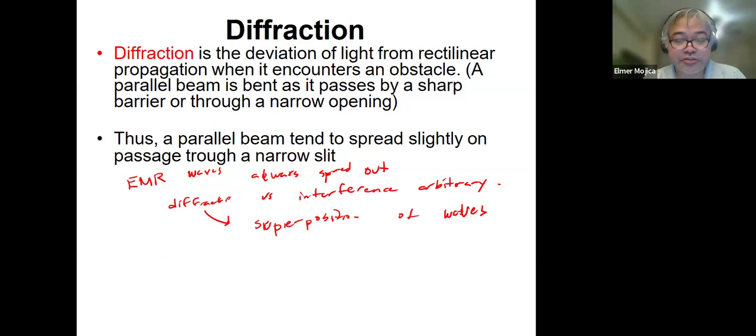Now, interference is usually considered to be the superposition of only a few waves, whereas diffraction is considered to be that of a large number of waves. So that's the difference. Few waves versus a lot of waves.